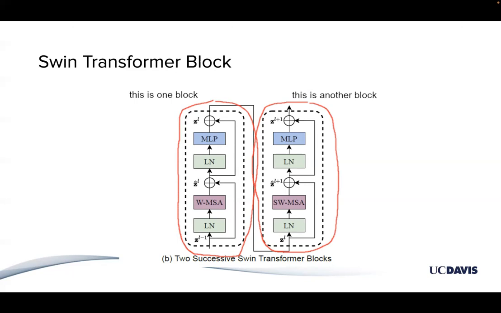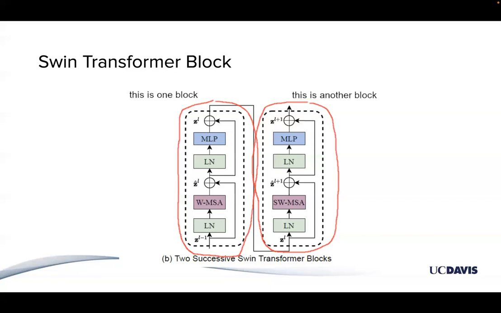The second one is that after slicing patches into windows and applying the transformer the first time, the window splitting will be shifted and then the transformer will be applied again. The advantage here is that this allows adjacent windows to interact with each other.